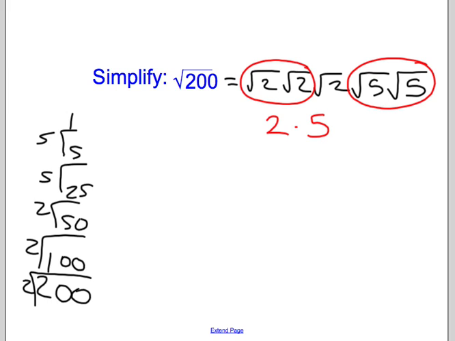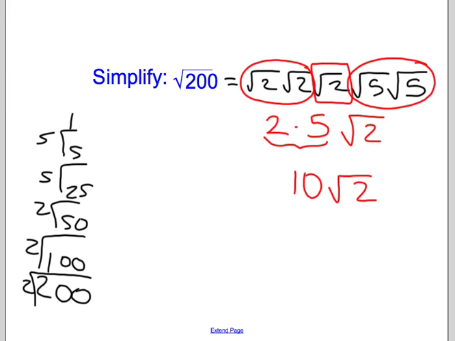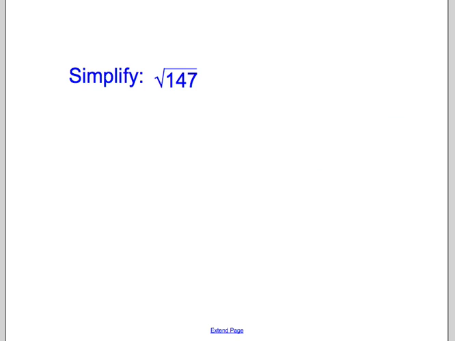And then this square root of 2 is left over, and it just has to stay as it is. Now I can take the 2 times 5, which is 10, square roots of 2. This is my answer. If I were to square that, that would give me 200. Okay. Again, don't freak out if you're not following along exactly.